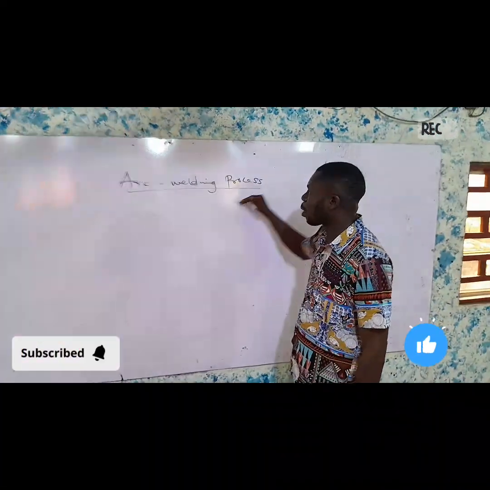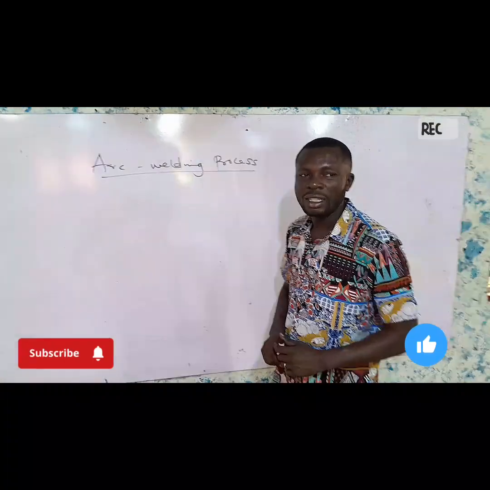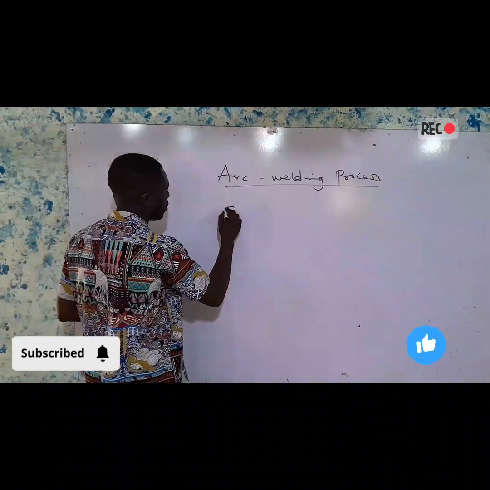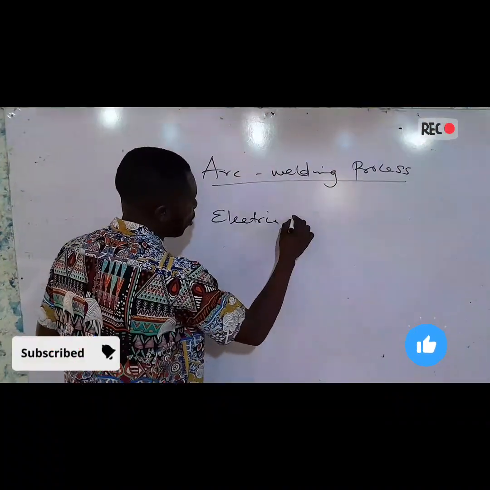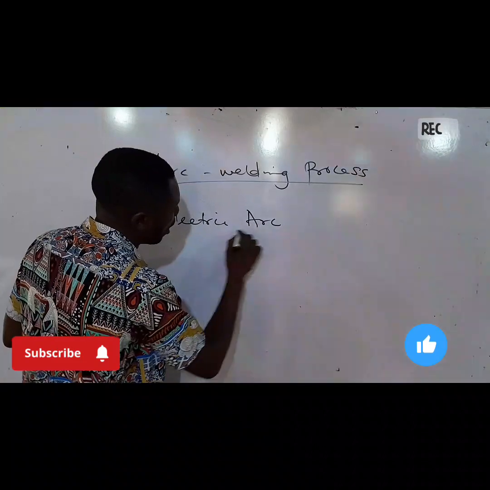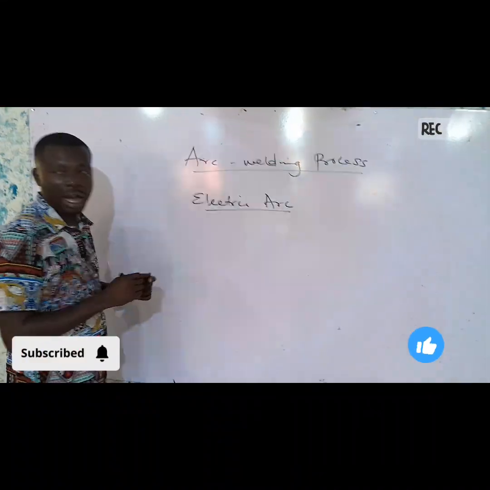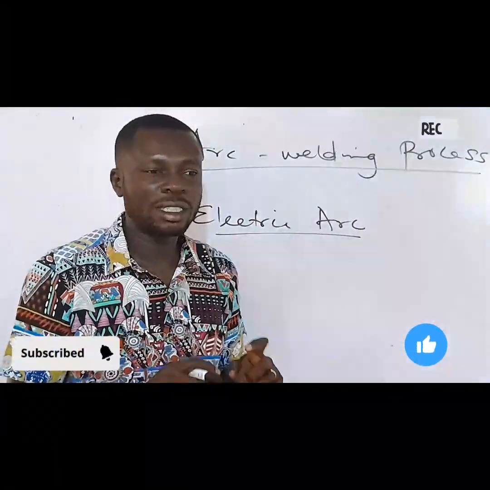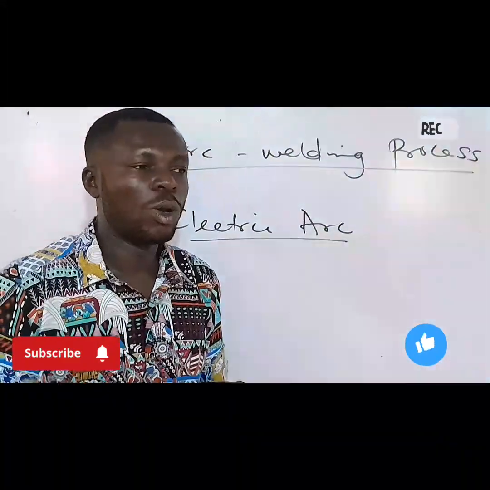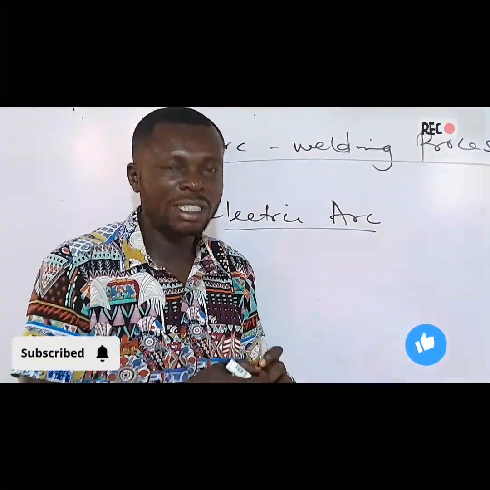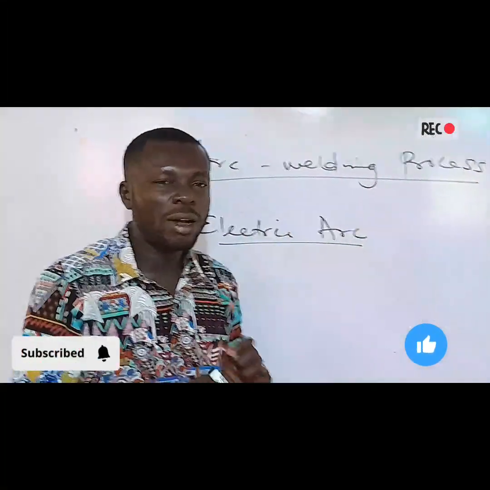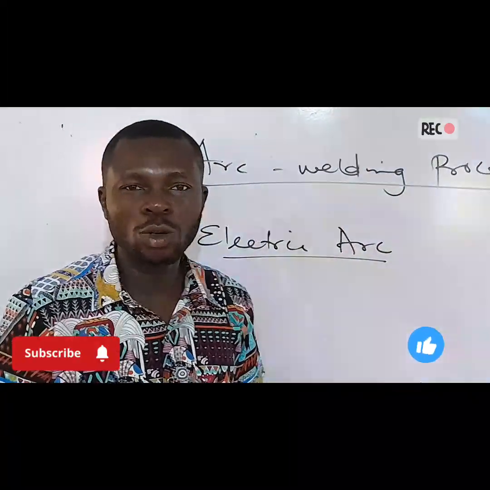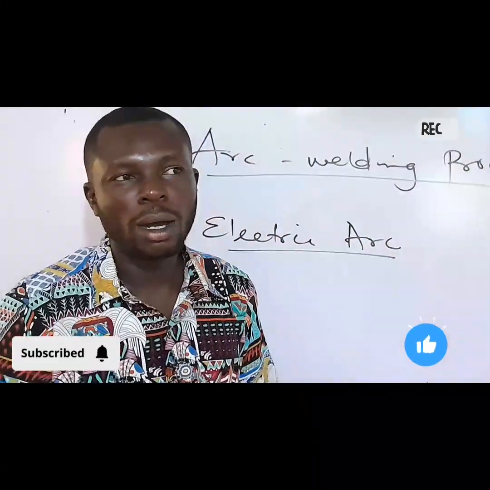Now, in arc welding process, we understand that the source of the heat is from an electric arc. This heat is concentrated at the base metal edge, which is used to melt it, and then it also melts the filler metal, which mix and solidify as they grow into one body.